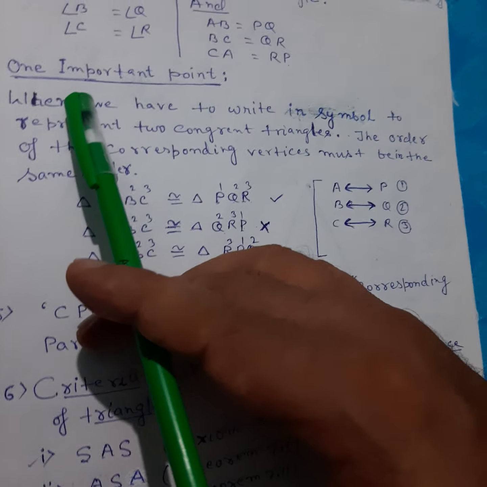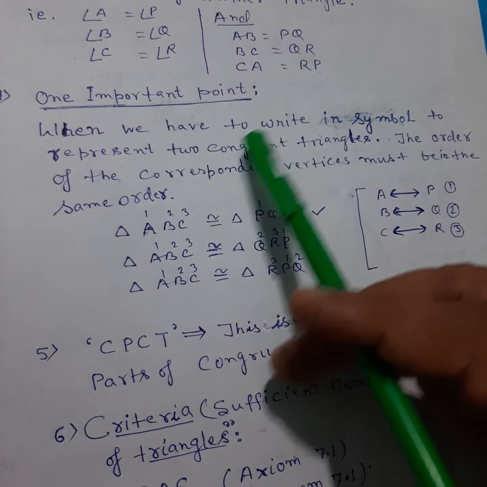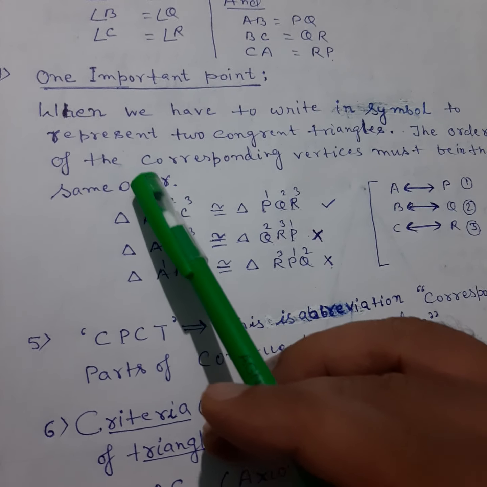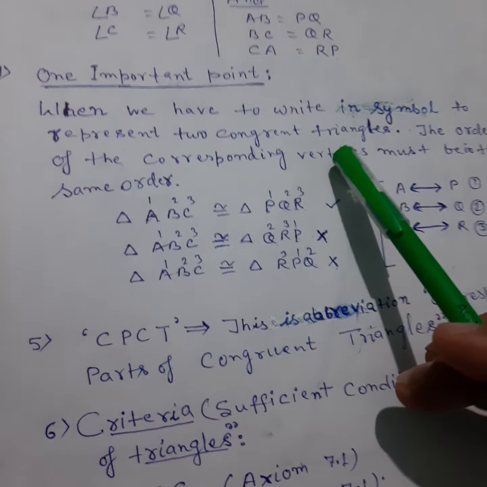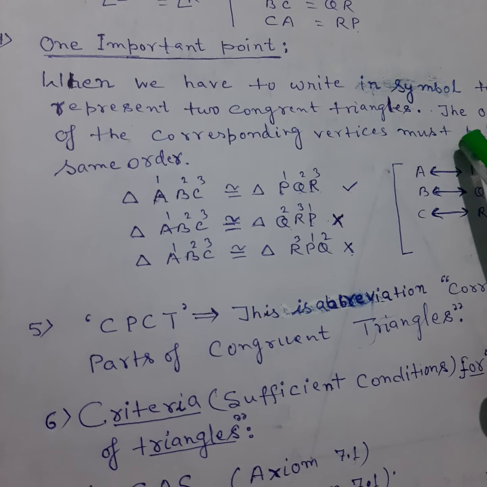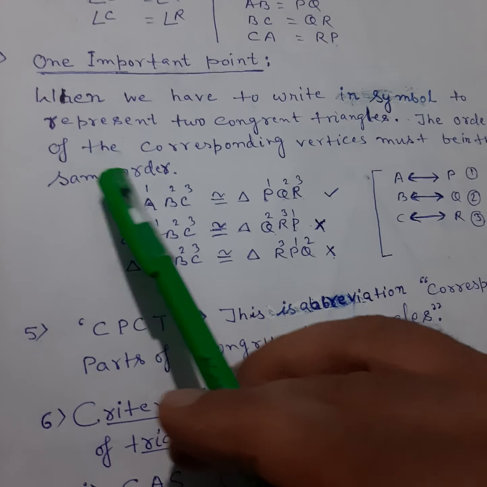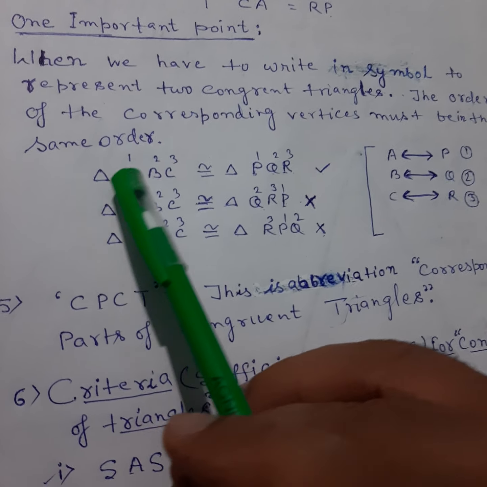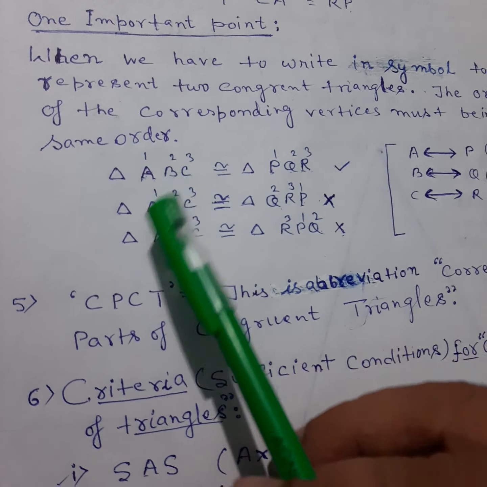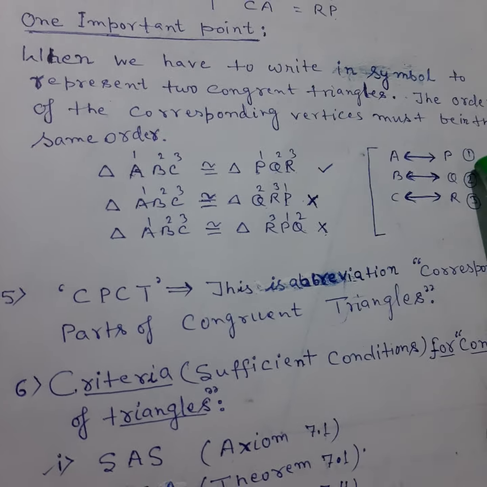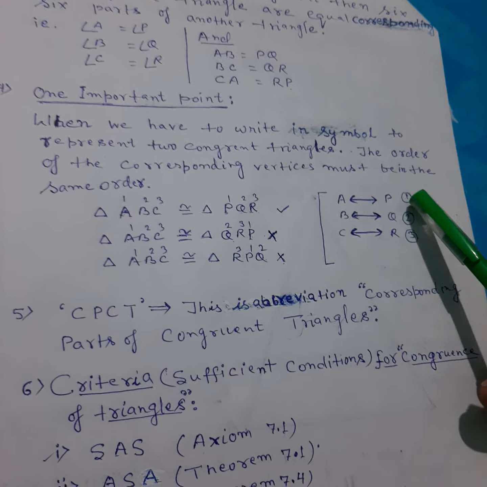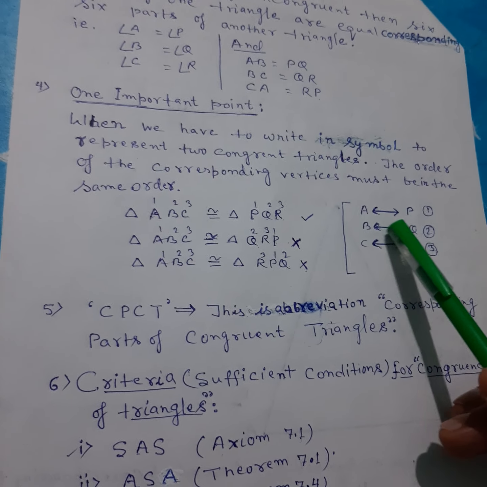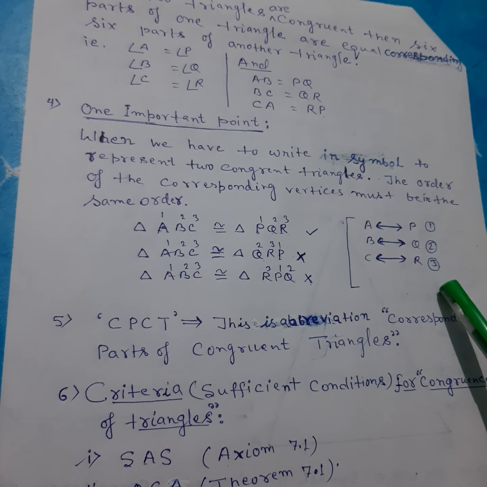Here is another important point. When we write in symbols to represent two congruent triangles, the order of the corresponding vertices must be the same. As we observe here, ABC corresponds to vertices PQR, giving them roll numbers 1, 2, 3.